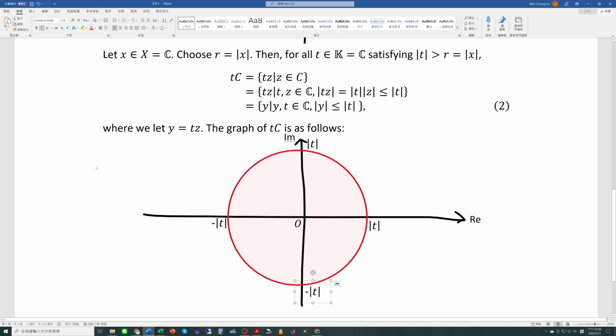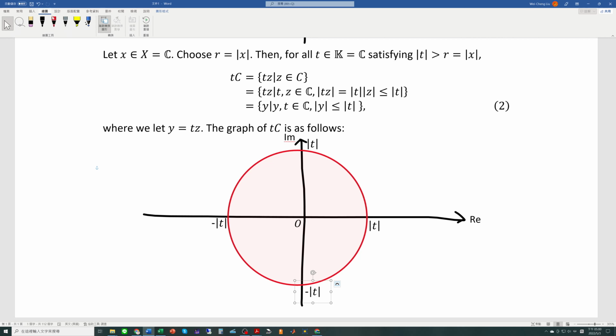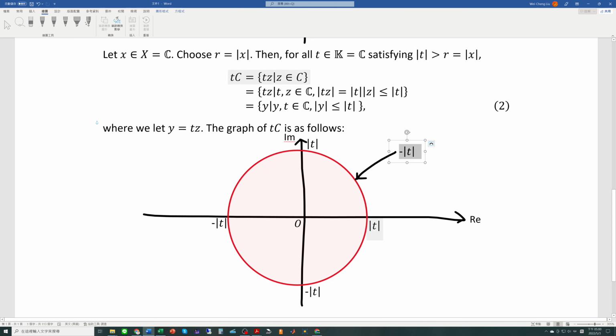So this disk is called TC. Let me copy a text box here and write TC here. So this is the set TC.